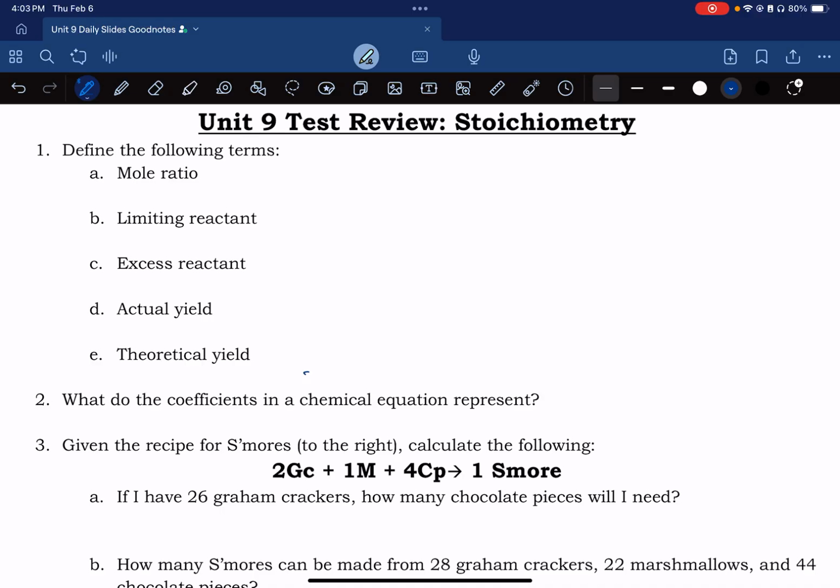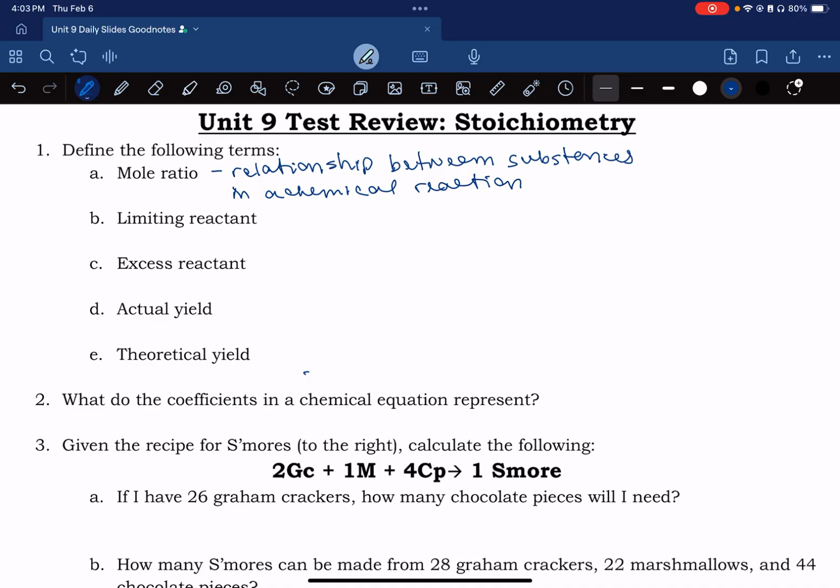So the one thing that I want you to remember when you're thinking about mole ratio is the word relationship. It's the relationship between substances in a chemical reaction.